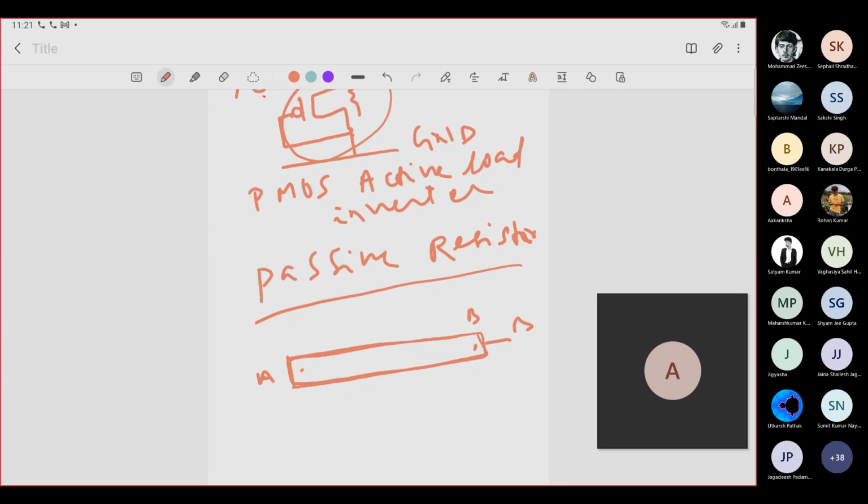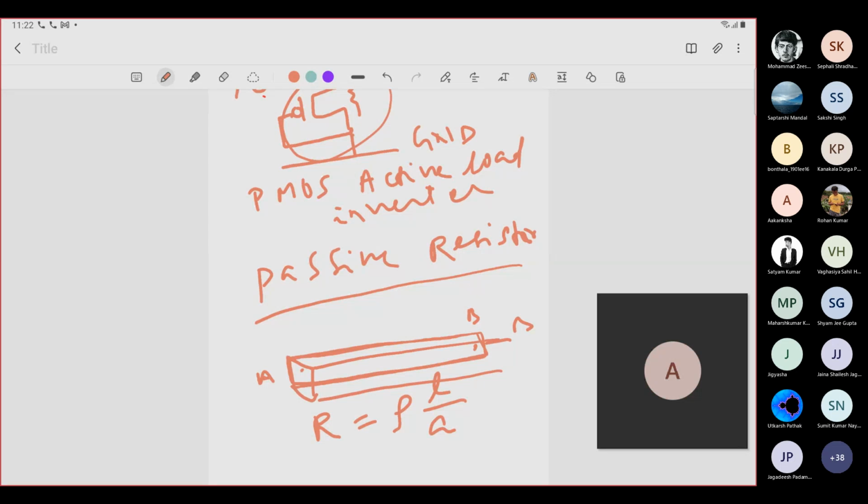You will get a resistance equal to rho L by A, right? L is the length of the resistor and A is the cross-sectional area of your resistor.